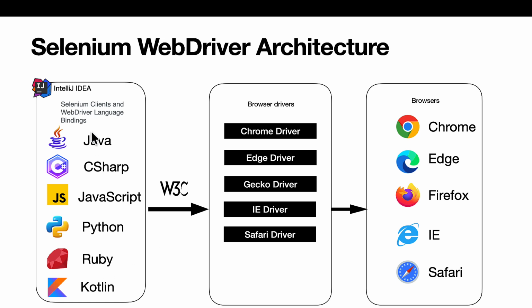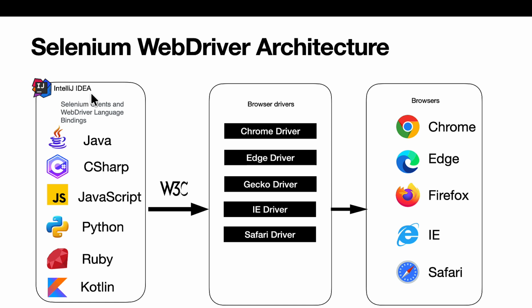Once you learn one programming language, you can start writing code inside any IDE. Let's say I'm taking the example of IntelliJ IDEA, or if you are using Python, you can take another IDE supported by Python. If you are using JavaScript, VS Code is there.